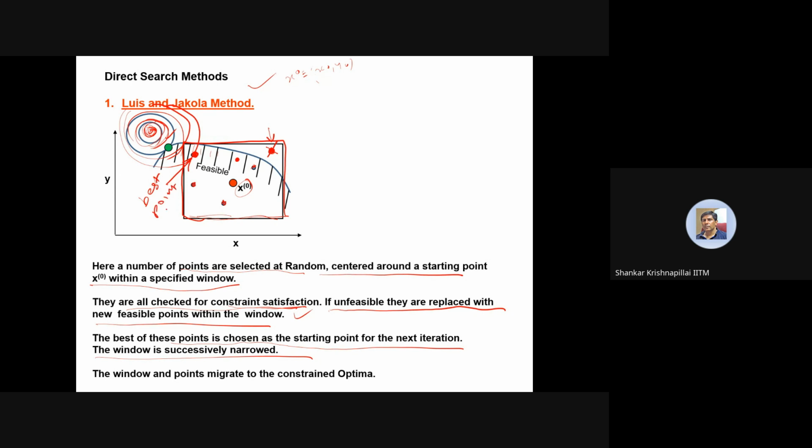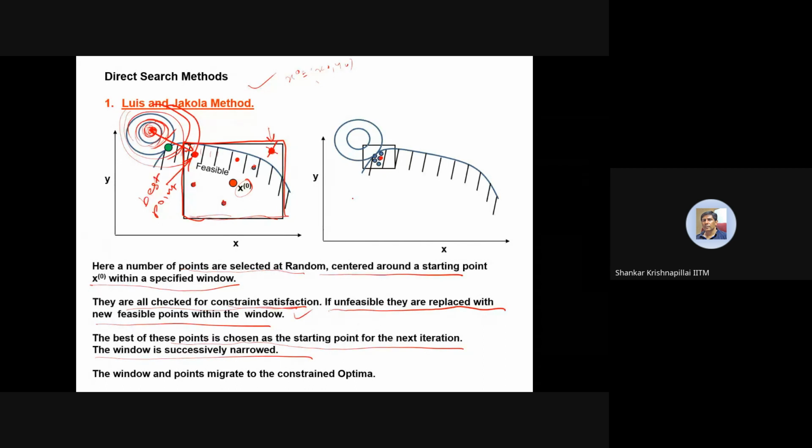It has a smaller value of the objective function because it is close to the actual minimum. So you choose the best point. Centered around this best point, you make a new window, and as the iterations increase, the size of the window becomes smaller and smaller.